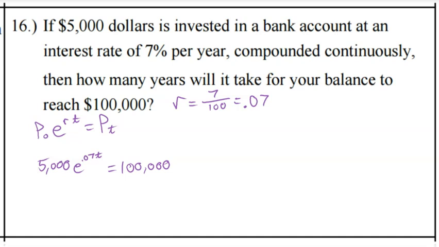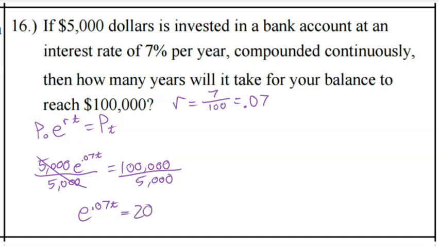So the first thing we're going to do is divide by 5,000 because we need to get this exponential expression by itself. So we'll divide by 5,000 on both sides. And 100,000 divided by 5,000 is 20. So we'll cancel the 5,000. We're going to have e to the power of 0.07t is equal to 20.